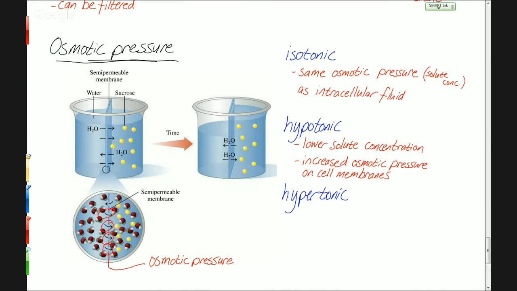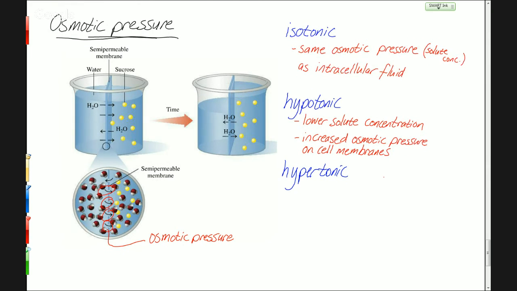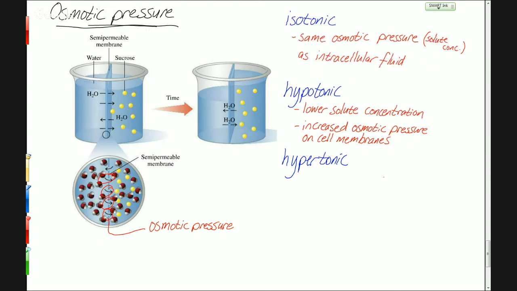So then hypertonic is the opposite of that. That's a higher solute concentration, which is going to force water out of the blood cells and cause them to kind of shrivel up.